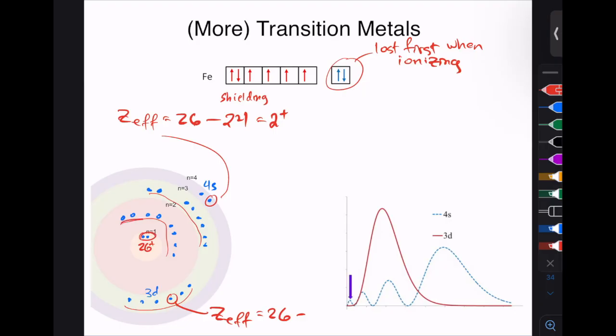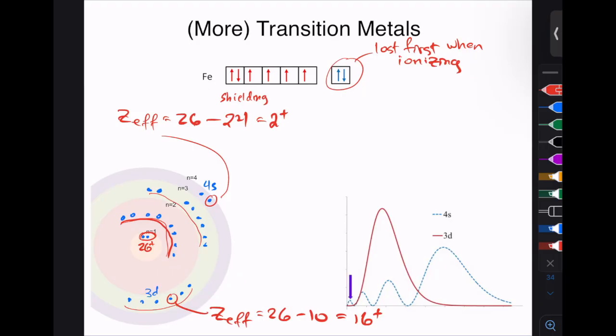We have another 8 at n equals 2. And now we're looking at an electron that's in n equals 3. So the shielding is only 10. Okay. So the effective nuclear charge on any of those 3ds is now going to be 16+. So there's a much stronger attraction to the nucleus on any of those 3d electrons than there is for 4s electrons.